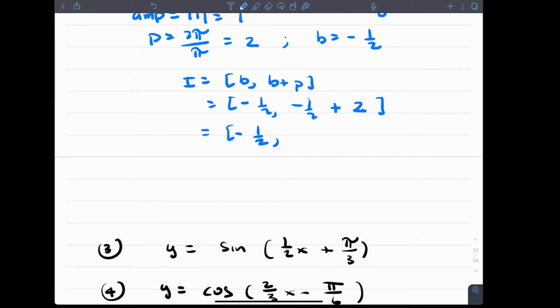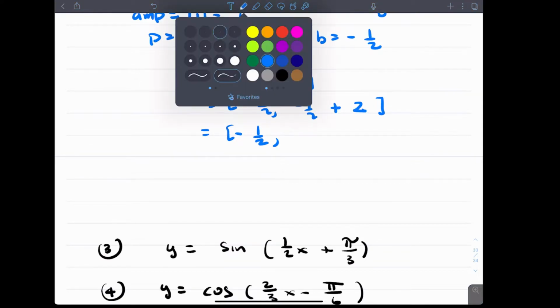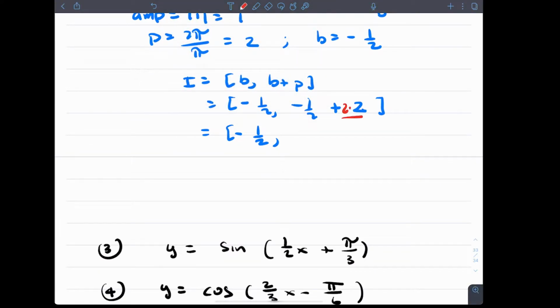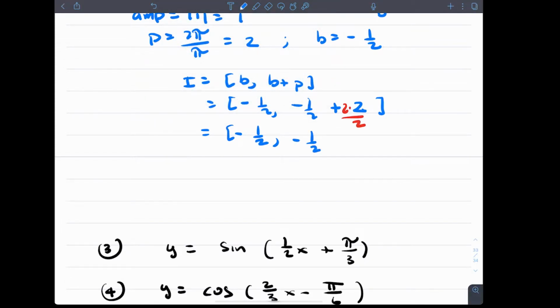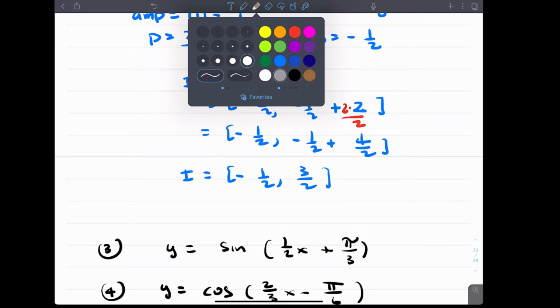What's 2 minus 1/2? Do you guys know what that is? Yeah, you're going to put this as 2 and 2. So it's really negative 1/2 plus what? 4/2? Okay, you guys okay with that? And what's negative 1/2 plus 4/2? Isn't that 3/2? There's your interval of 1 cycle, ladies and gentlemen. I don't know what color. I guess we use pink.